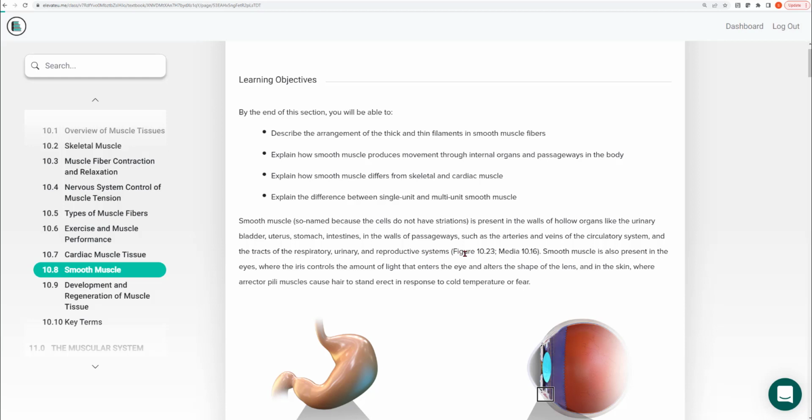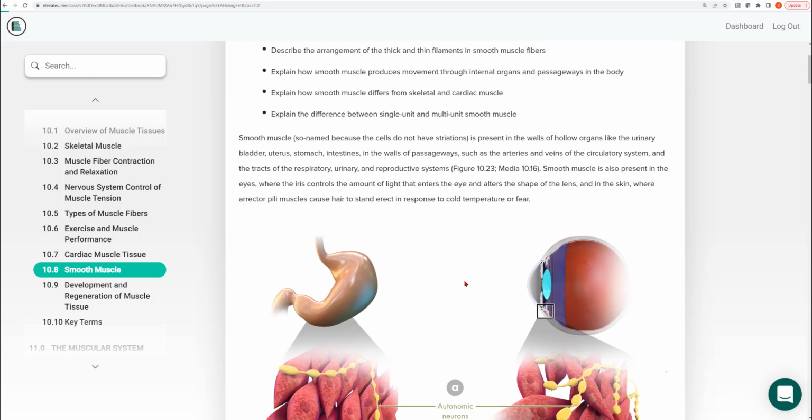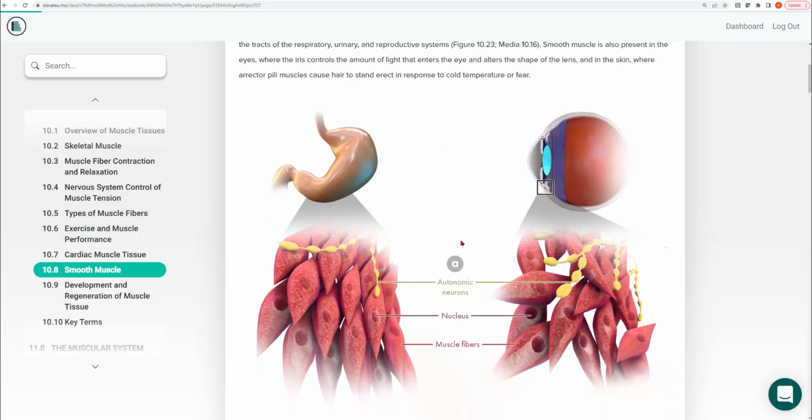There's also some smooth muscle in your eye. Oh, and also don't forget, in the skin, the erector pili muscles, the muscles that are attached to every single hair. When you're scared, those little smooth muscles pull on the hair and cause your hair to go erect. All of those muscles that I'm talking about here are smooth muscle.